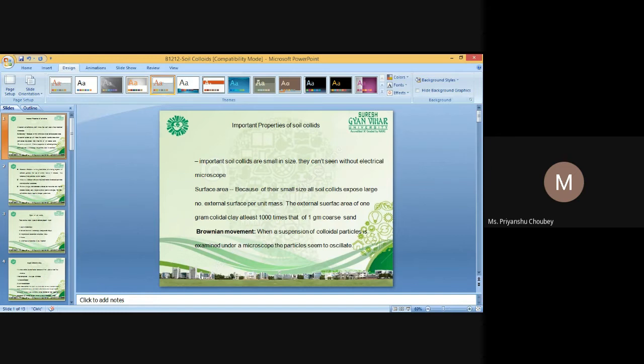Prehistoric Hindu culture relates maximum with soil.